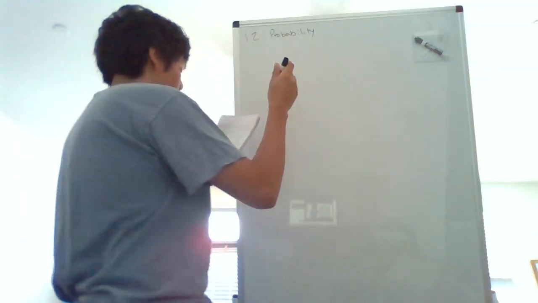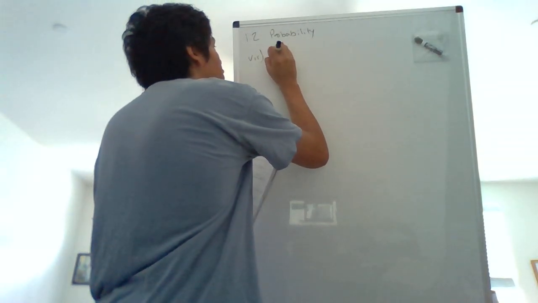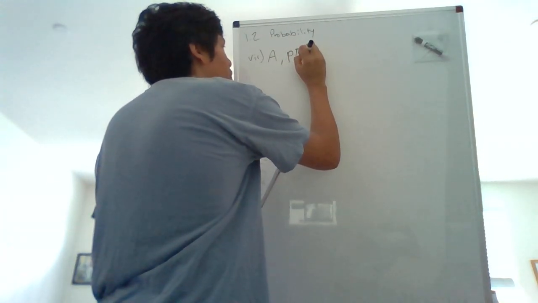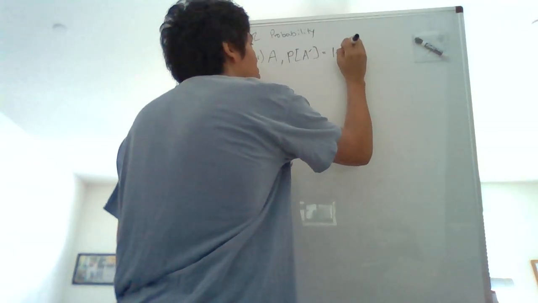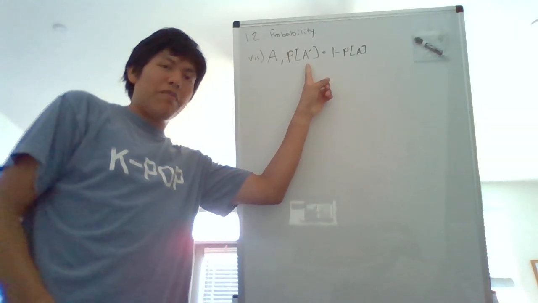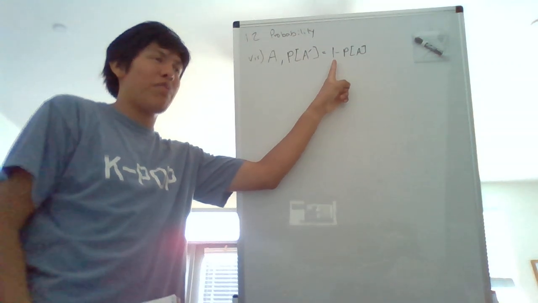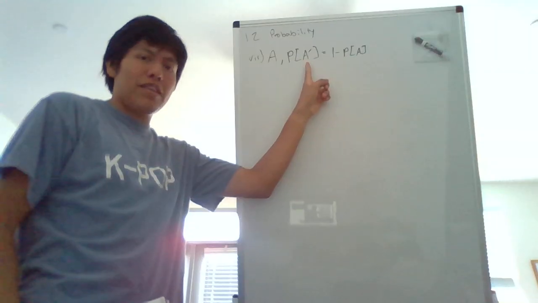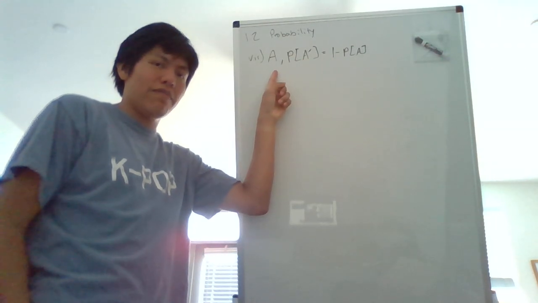So for any event A, and this is rule number 7, the probability of the complement of A is equal to 1 minus the probability of A. Remember that complement means everything not in A. So if we have 100% probability, or just 1, then the probability of everything that is not in A is equal to 1 minus the probability of A itself.